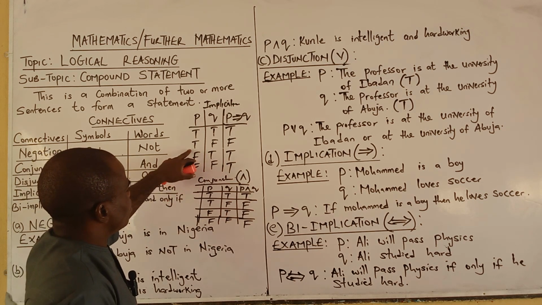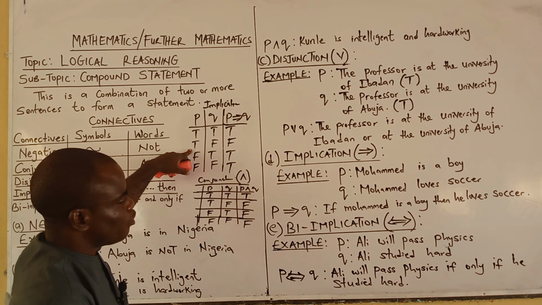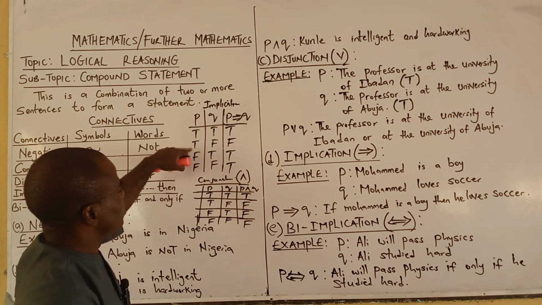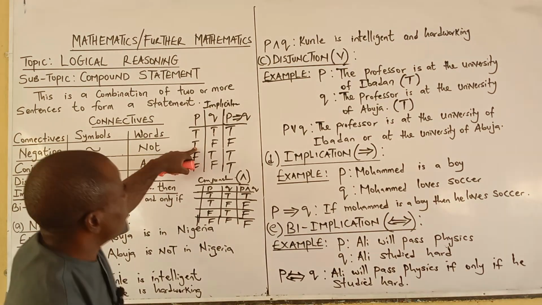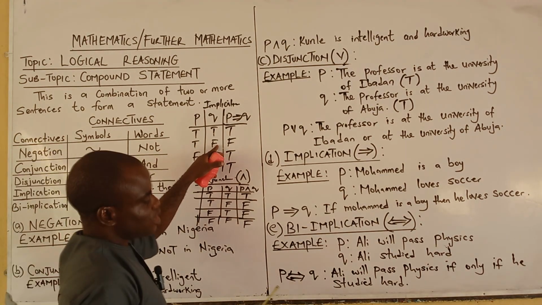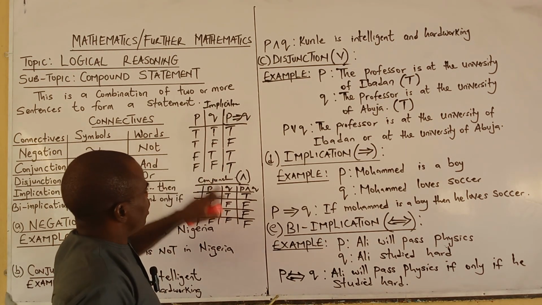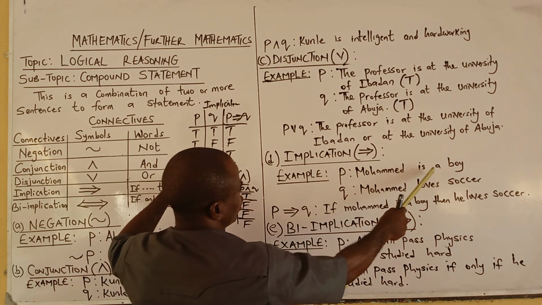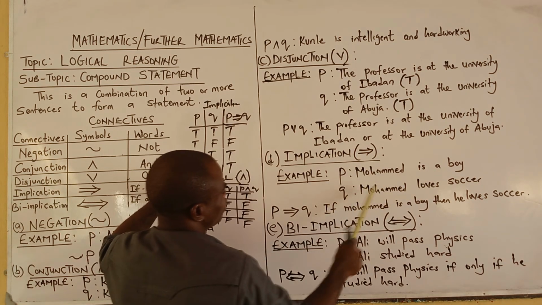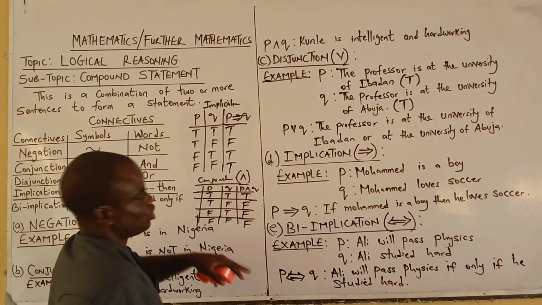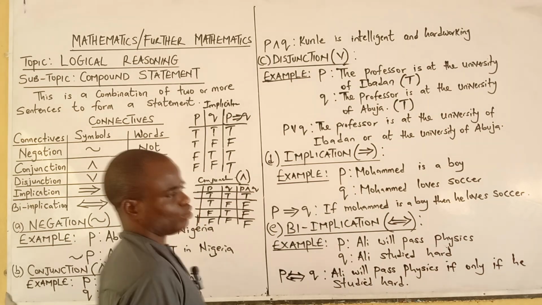Okay? The only condition that makes it false is when the second sentence is false. Let's see, if you say Muhammad is not a boy, Muhammad does not love soccer. That will not give us true.